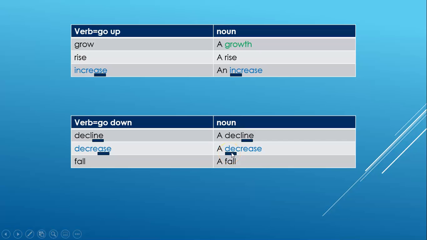So like we saw before with increase and increase, we have the same change in the word stress. Decrease, decrease. And the other one is fall, that also means to go down, and a fall. Those are exactly the same.